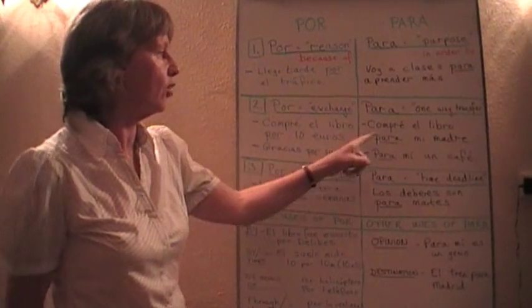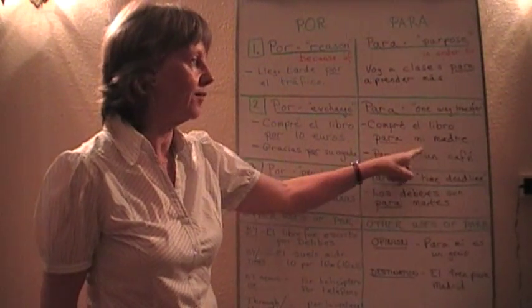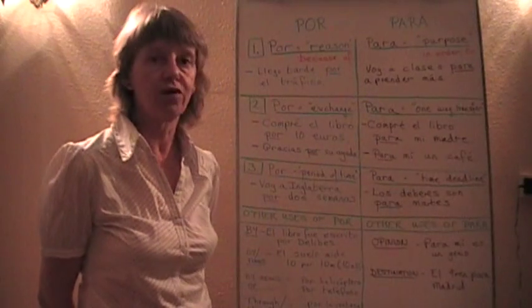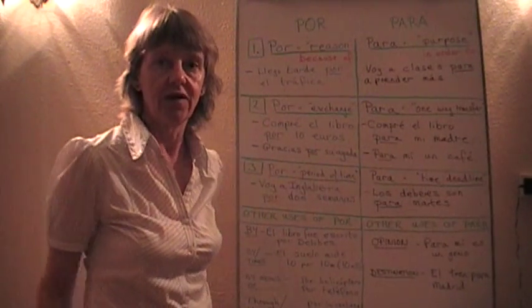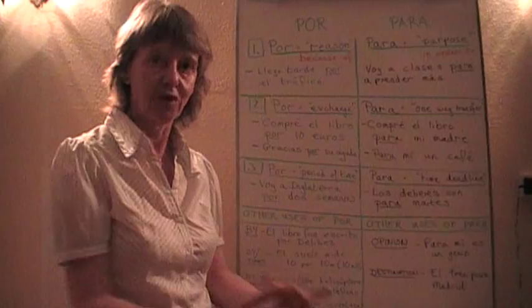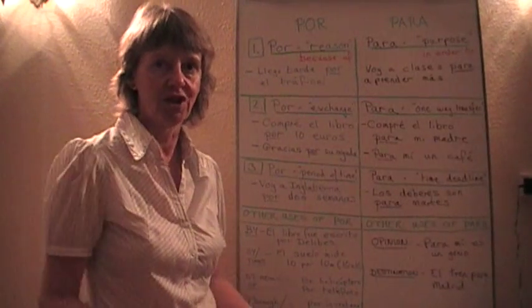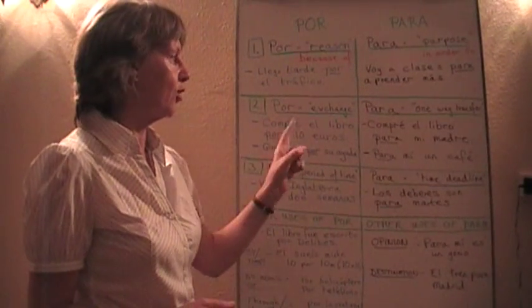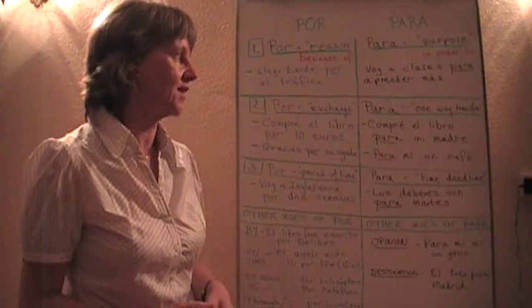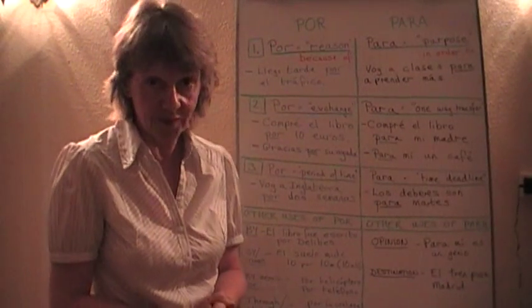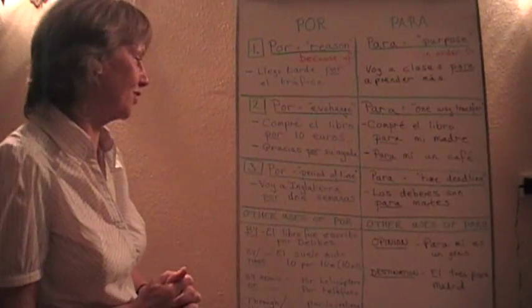Similar sentence, compré el libro para mi madre. I bought the book for my mother, in other words, to give to her as a present, going one way and not an exchange. If I make the mistake and say, compré el libro por mi madre, I'm saying I bought the book in exchange for my mother, which is maybe not what you want to say.